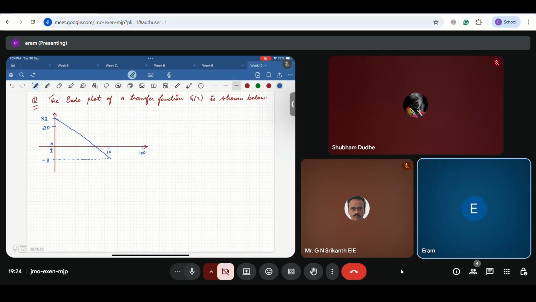This is for frequencies. This is how the magnitude plot of the Bode plot looks like. Find out the transfer function g of s.